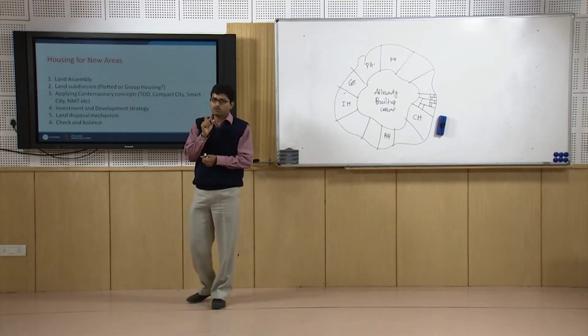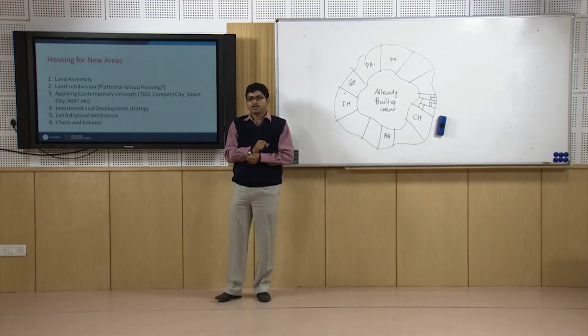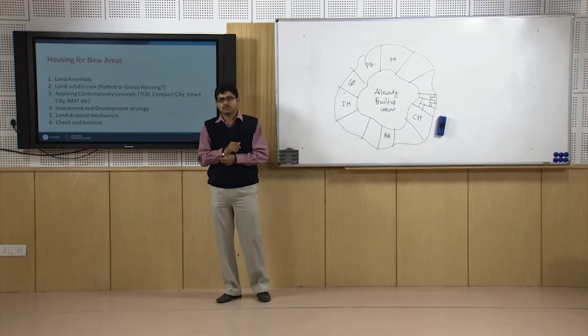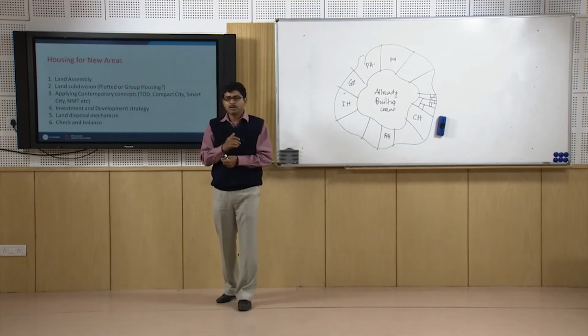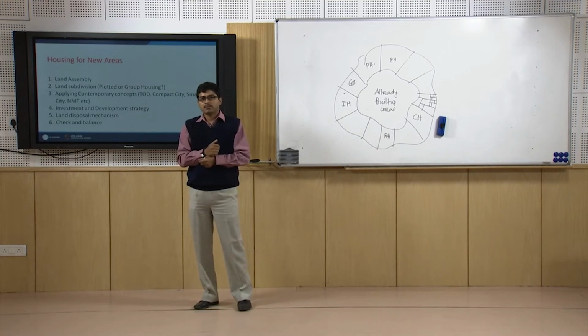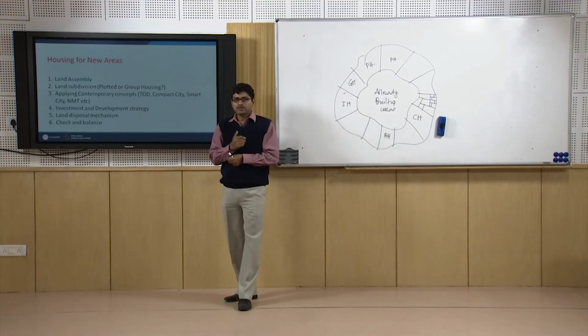Otherwise the small land parcels, which are for small plots and plotted housing, are given through the open lottery system, with transparent advertisement to common people, and based on the applications a lottery is conducted, and on that basis the land is disposed.